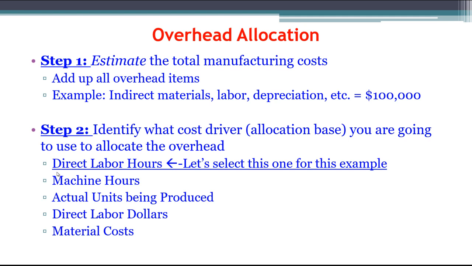So we're going to use this one for the example, but what I want to stress here is that over the years, operations have changed, and much of the overhead is caused by machine time, just the use of machines in production. It's automated. Some departments may be more heavily automated than others, but more of the cost has shifted away from direct labor and into machine time.